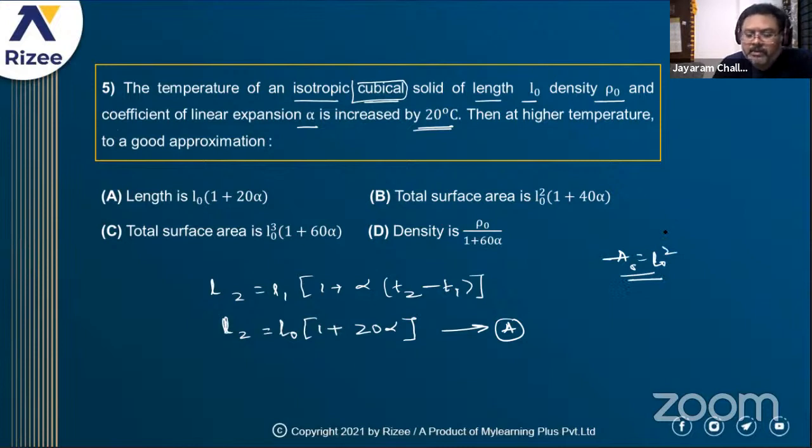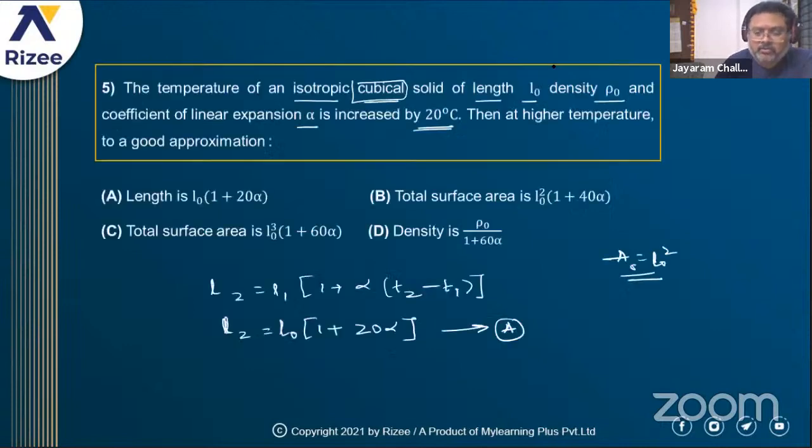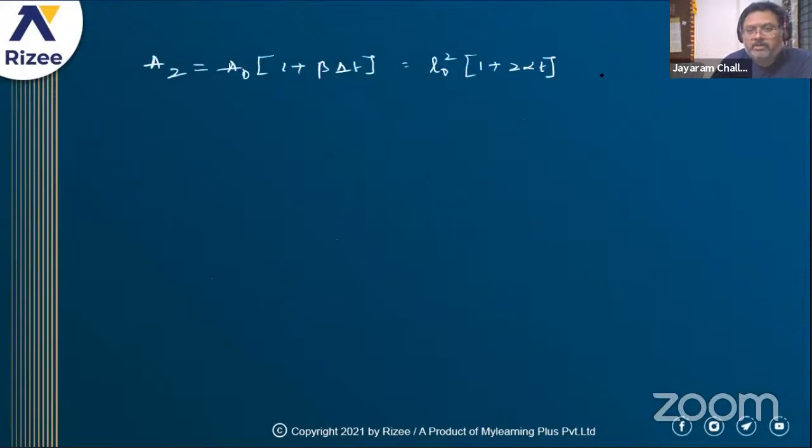Substituting this, L naught square into beta can be written as 2 alpha into T, so the second option is also true. So this is concerned to option B. Next one, sir.